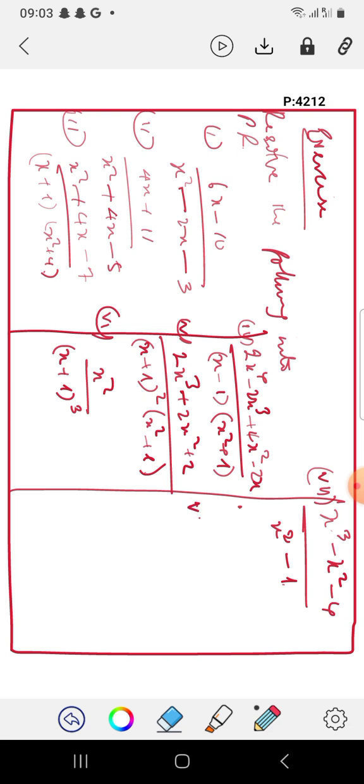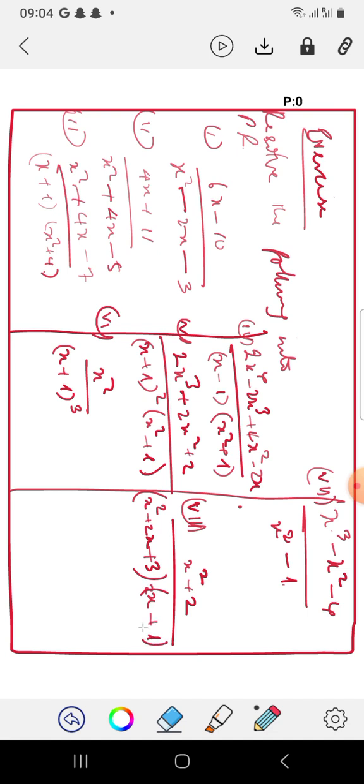Lastly, number 8: x squared plus 2 over x squared plus 2x plus 3 times 2x plus 1.